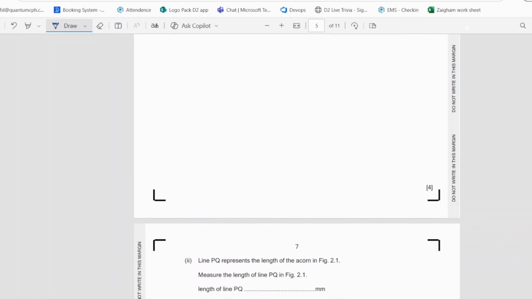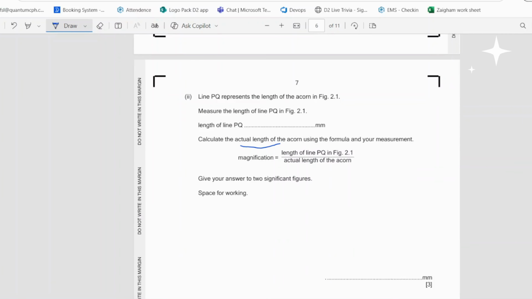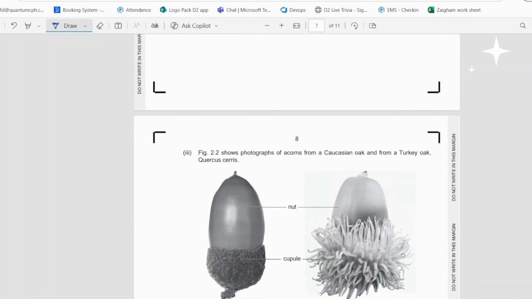We need it from that line PQ. Line PQ. Okay, so that would be 25. Okay, correct. Next one.